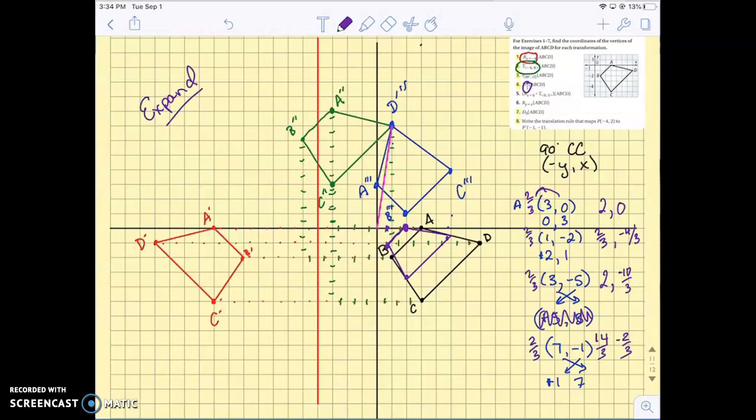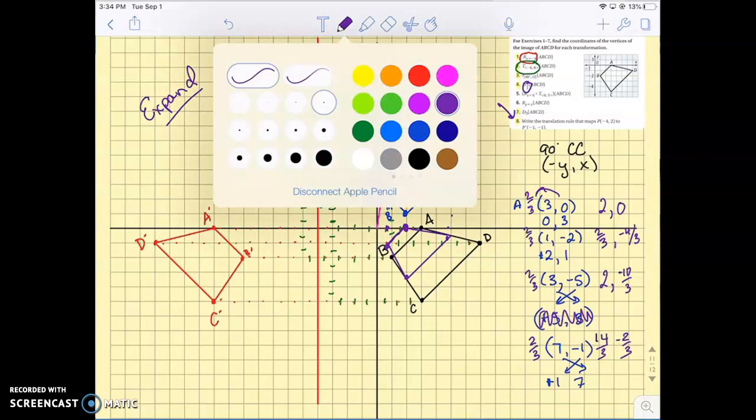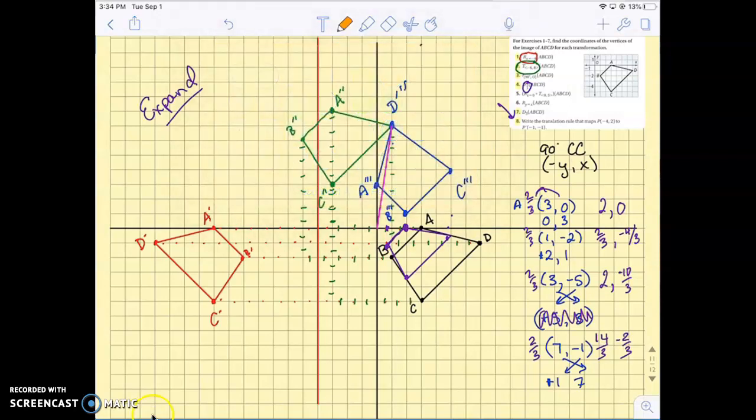The very last thing I'm going to do is answer question 8. Question 8 says, if I'm at negative 4, 2, so that's right here, and I want to go to negative 1, negative 1, how do I get there?